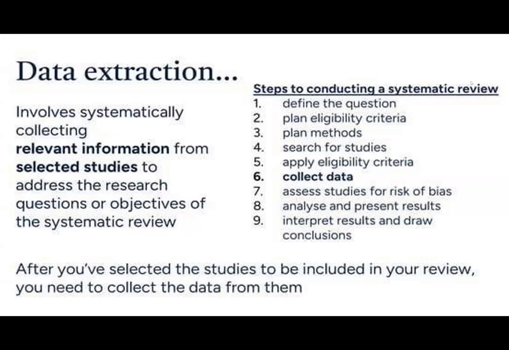According to our eligibility criteria we search the data from the studies. Step 6 is the collection or extraction of data. Once we have the data in our hand, we can check the risk of bias in our study, and after that we can analyze and present the data, and then interpret the results. So data extraction is the most important part of the systematic review.